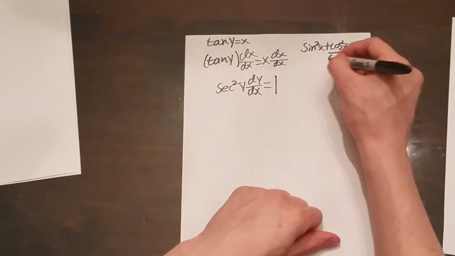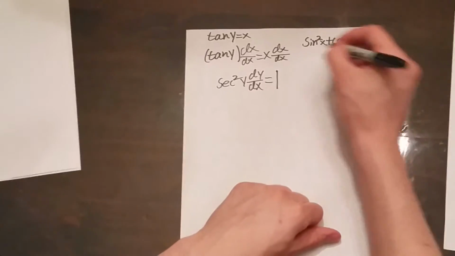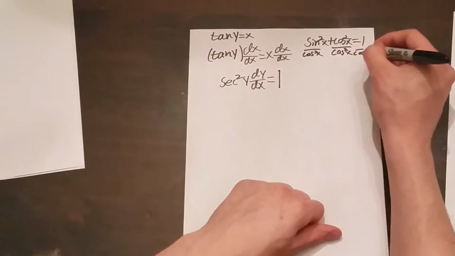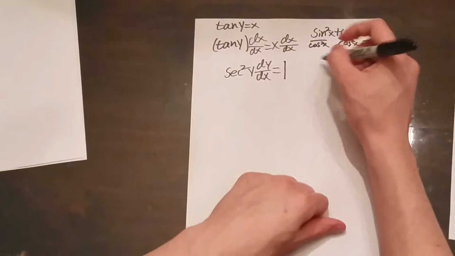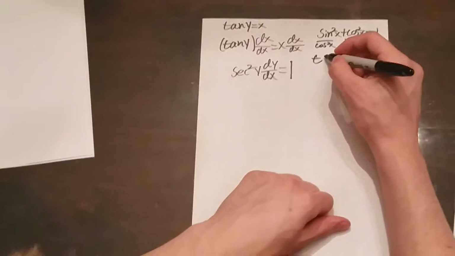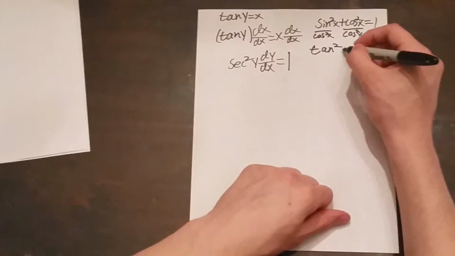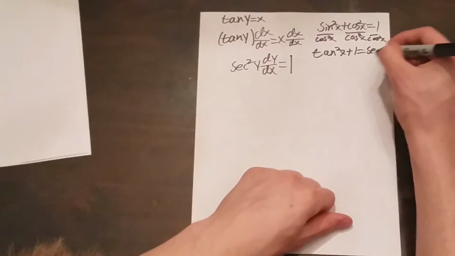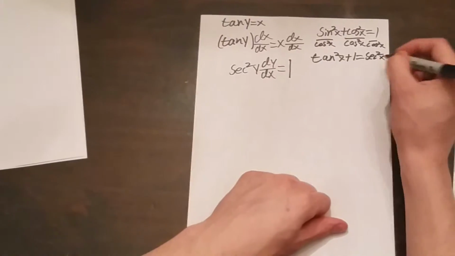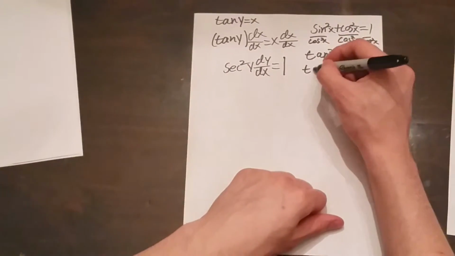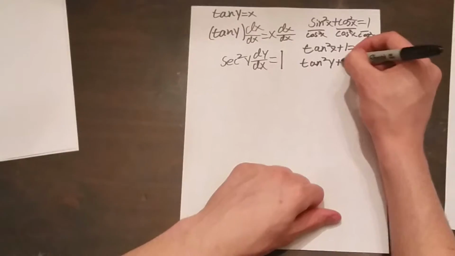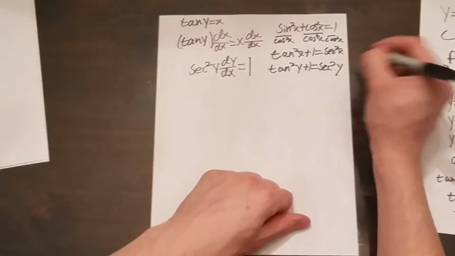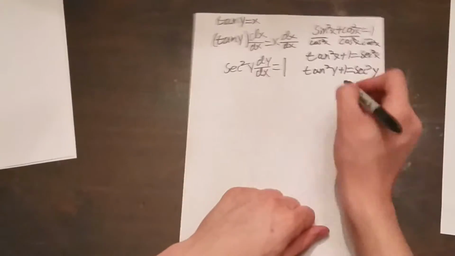So if we divide all of these by cosine squared, we would get tangent squared of x plus 1 equals secant squared of x. Well, since all of these x's are really y's, we would change these to y's here. And that's how we get that.